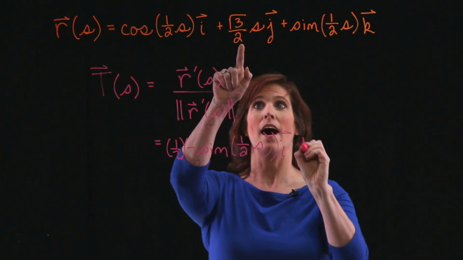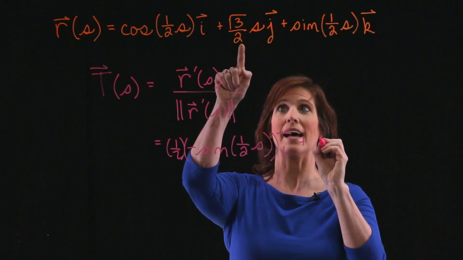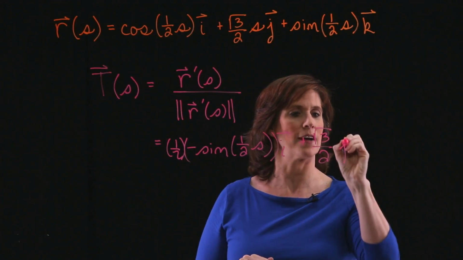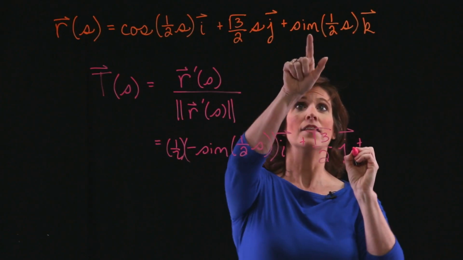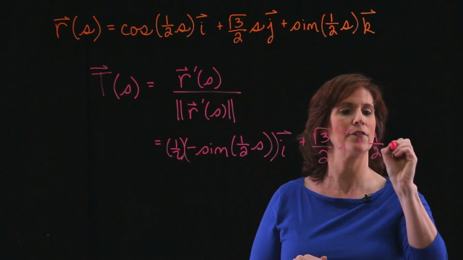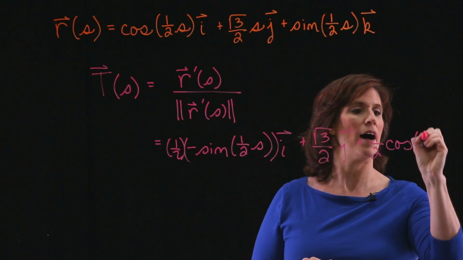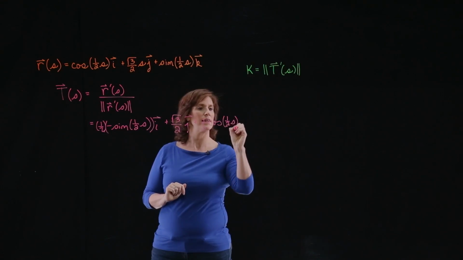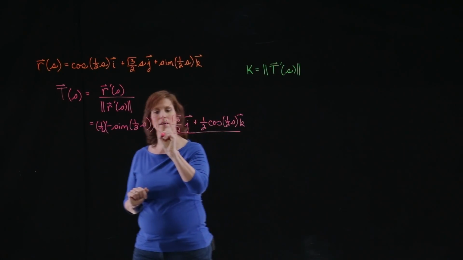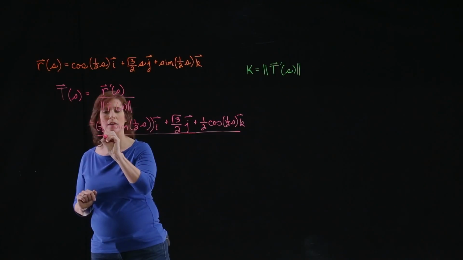Now I'll take the derivative of square root of 3 over 2 times s, which is just root 3 over 2, and that's times my vector j. And the derivative of sine is cosine, but again, by the chain rule, I'll have 1/2 cosine of 1/2 s times vector k. And that's all over the norm.